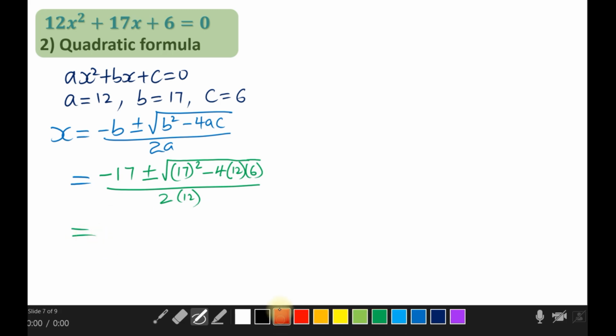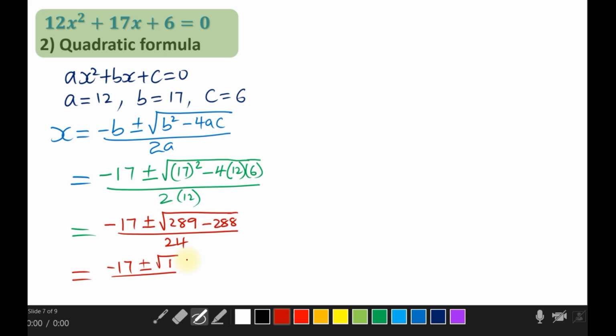So what we end up getting is minus 17 plus or minus the square root of 17 squared, which is 289, then minus 4 times 12 times 6, which is 288, all over 24, which is 2 times 12. So this will be minus 17 plus or minus the square root of 1, all over 24.